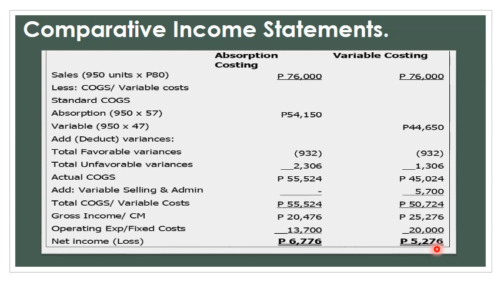Why? Kasi mas mataas yung production dun sa sales. Tama? Production is 1,100 and then the sales is 950 lang. So, 1,100 less 950 is equal to 150 units multiplied by the fixed overhead na magkano po yun? 15 pesos or 10 pesos.